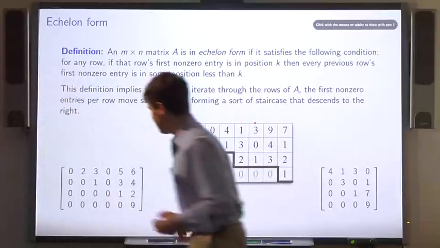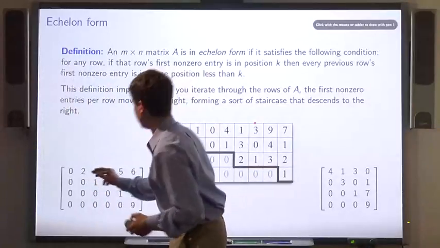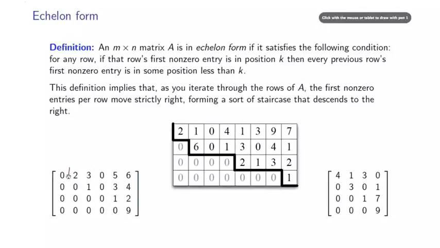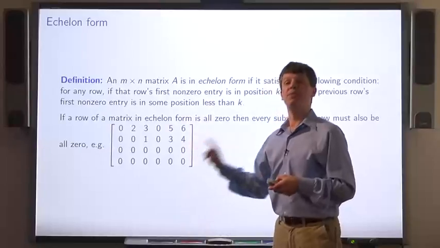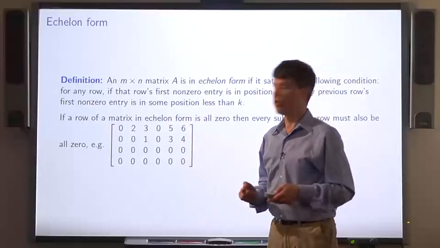So, for example, here's the staircase for this one. Here's the staircase for this matrix. Notice that if a row is 0, then all subsequent rows also have to be 0.